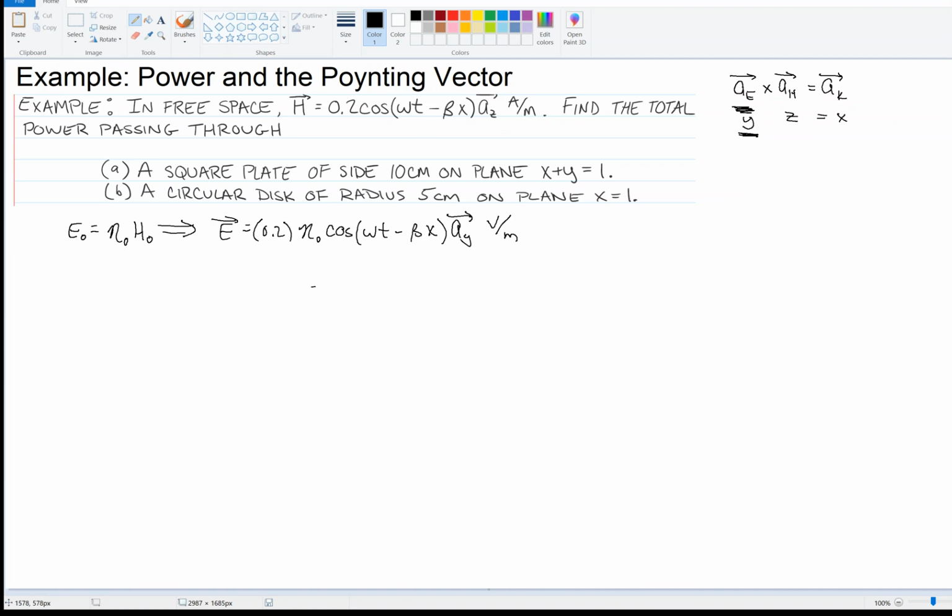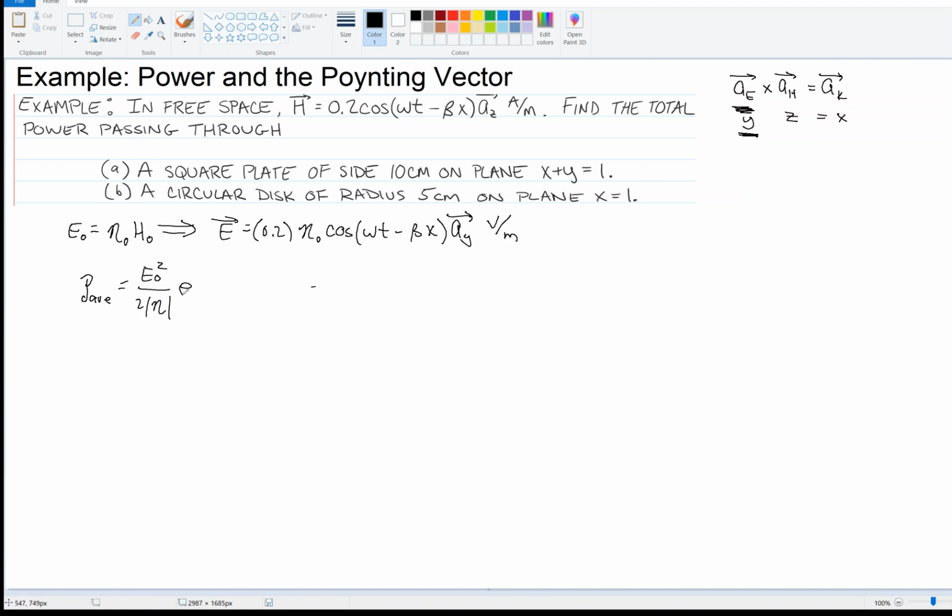Okay, so that's our electric field, and we know what the average power is, with this script P sub av. That is E0 squared divided by 2 times the magnitude of eta, right?